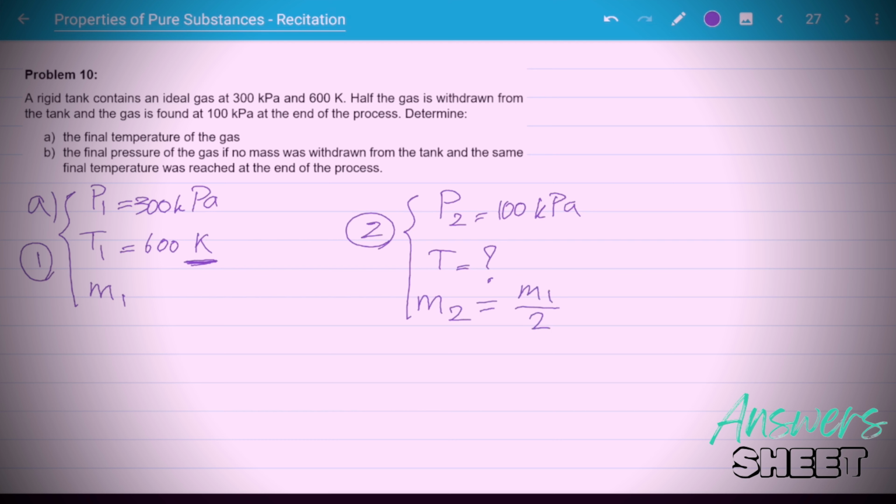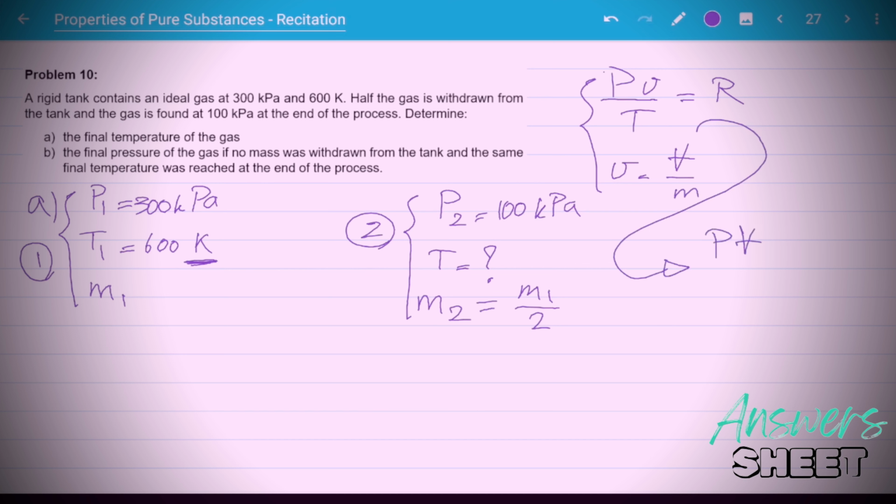Now, this is important. So ideal gas equation says that pressure times specific volume over temperature is equal to gas constant, right? We also know that the specific volume is actually volume, the total volume, over the mass of the system. If I combine these two equations, I get pressure, total volume, over temperature times mass is equal to gas constant, right?